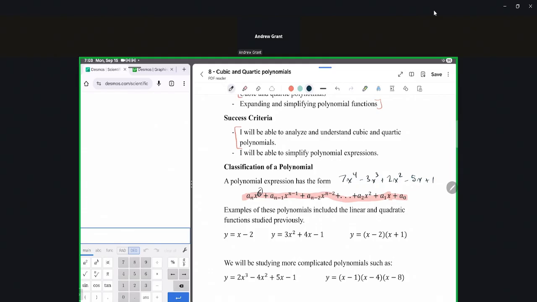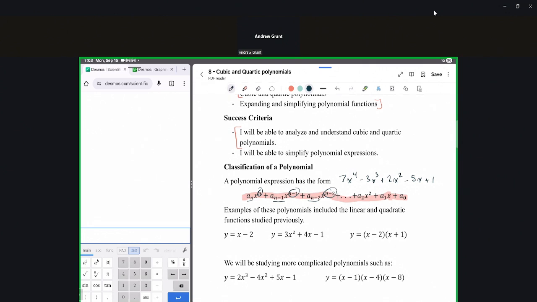If you notice, we go n minus 1, n minus 2. That just means that the powers drop every time. And the reason we call it a sub n minus 1, a sub n minus 2, and so forth, is to show that these are different coefficients, and they could be different.